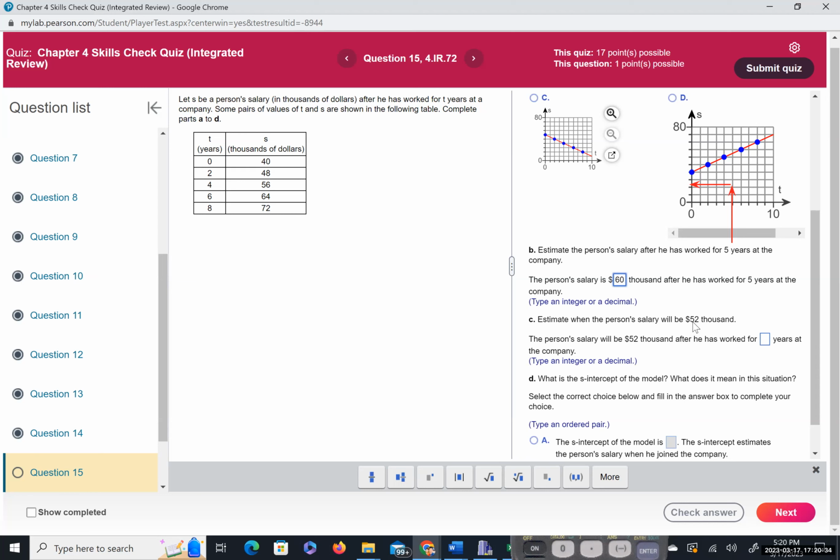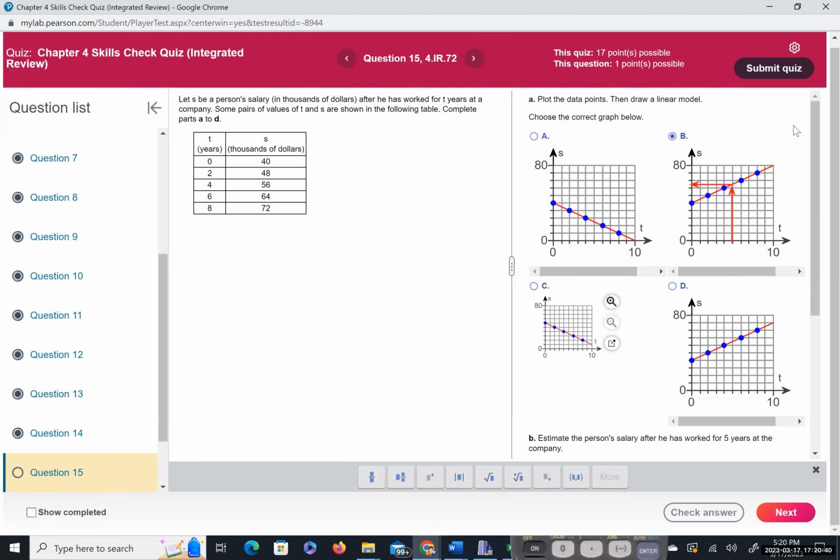Then you say estimate when the salary is going to be 52,000. So look at the salary when it becomes 52. I know here's 40, 48, 56 is here. All right, so 52 will be down here. So I'm going to draw a line around.